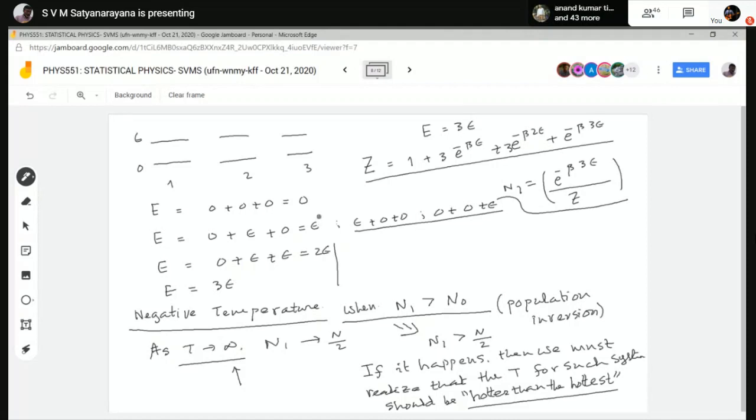This will have 3, this will have 3, and this will have 1. Then the partition function is written like this. But you can see that this is exactly z1 cubed, that is, (1 plus e to the minus beta epsilon) whole cube, right? If they are non-interacting, these degeneracy indices are exactly these binomial coefficients.